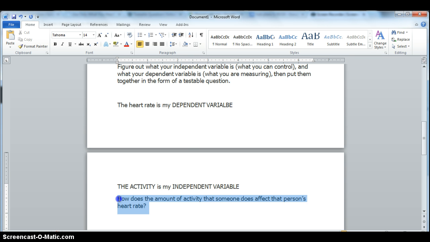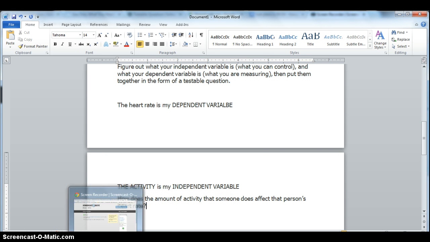So this is a testable question that includes both my dependent variable, which is my heart rate, and my independent variable, which is changing the activities. So how does the amount of activity, so I can do the sedentary sitting in a seat versus running a lap around the playground, how is that going to affect the person's heart rate?